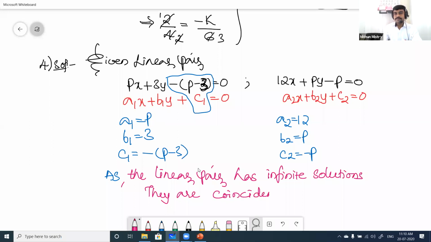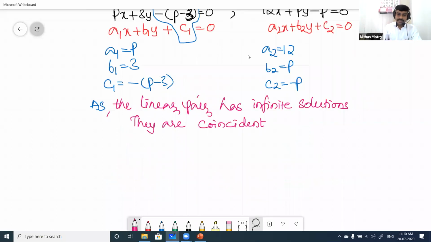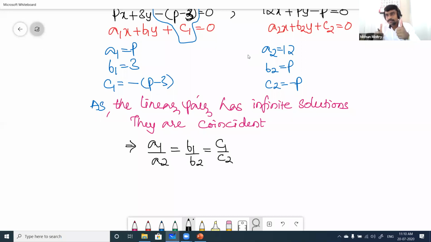That implies, if they are coincident, we can write that A1 by A2 is equal to B1 by B2 is again equal to C1 by C2. All the three are equal. See how we are using this?